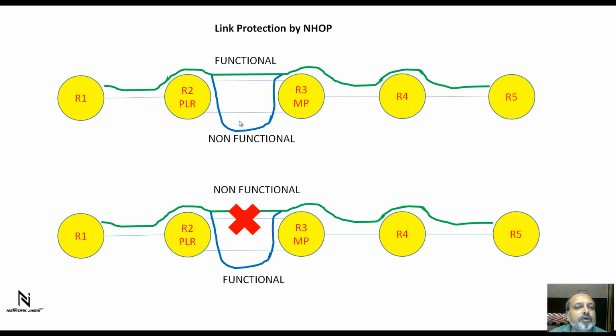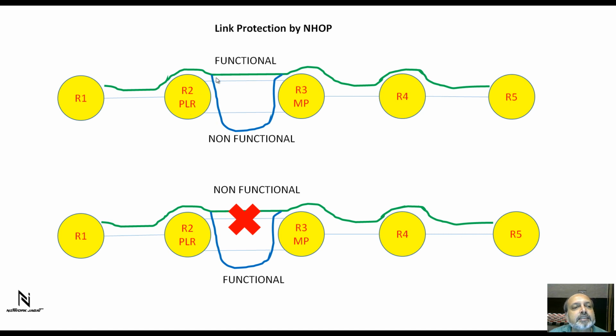Now we come across these definitions, PLR and MP. So PLR, or point of local repair, is that particular point where the repair needs to be done. That means the protection path will start there, and MP, or merge point, is that point where the protection path and the original path get reunited, right?